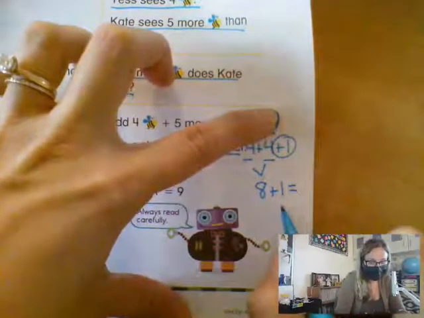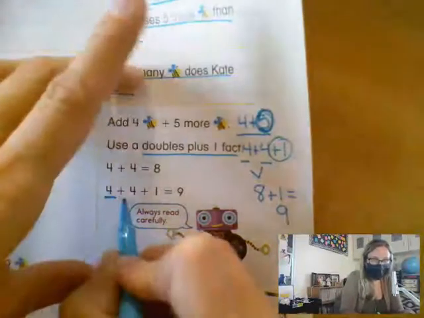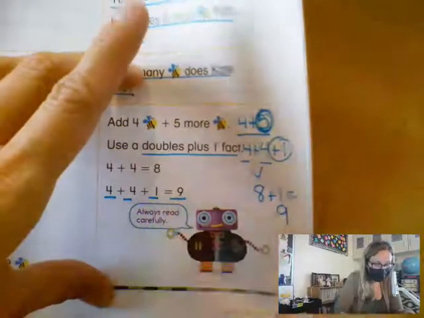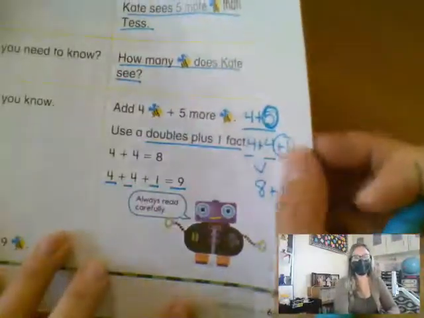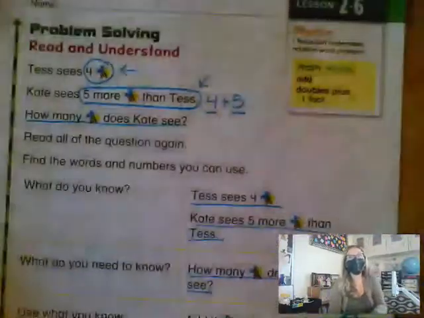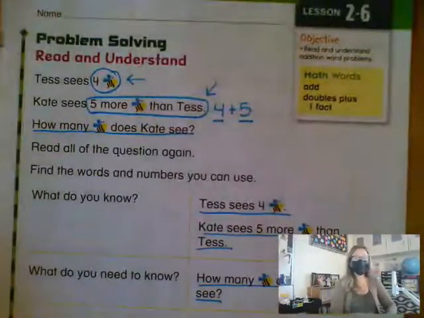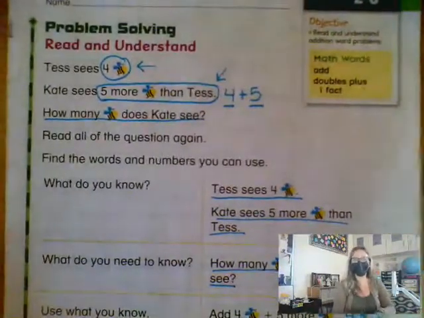Everyone? 9. So 4 plus 4 plus 1 equals 9. And the little robot here says, always read carefully. Make sure when you read your problems, you read carefully, because if you read quickly through this, you might have just said, oh, Kate sees 5, right? But it's not 5. It's 5 more than what Tess sees.